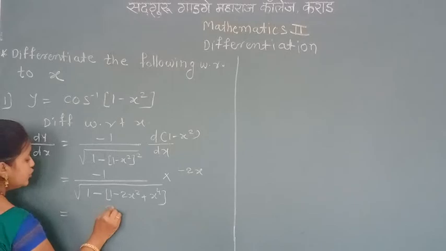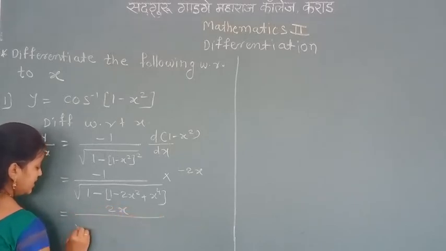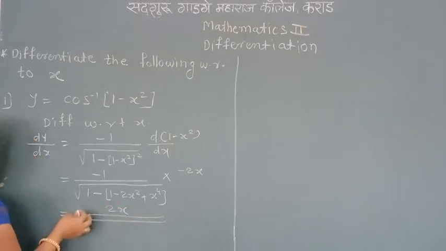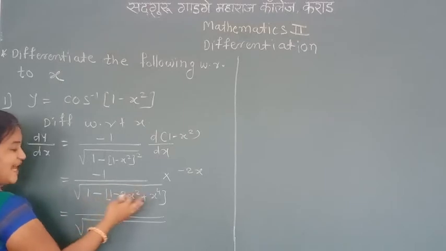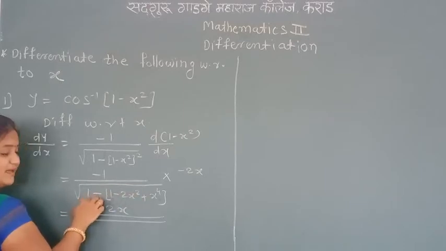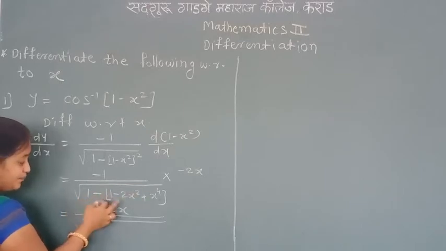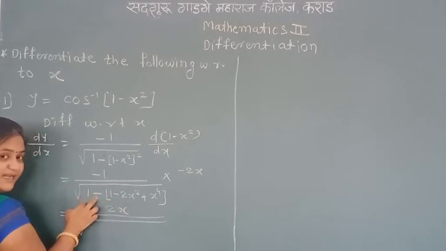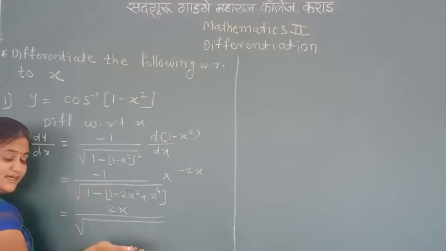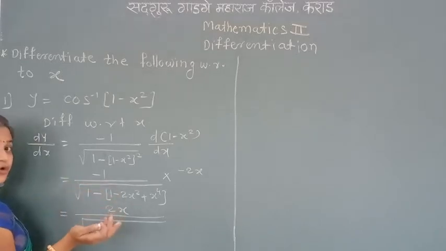So we get 2x divided by square root of, open the bracket. If you open the bracket, the signs change: plus sign becomes minus, because the bracket has a minus sign outside.